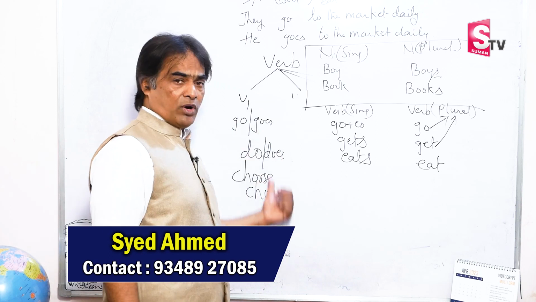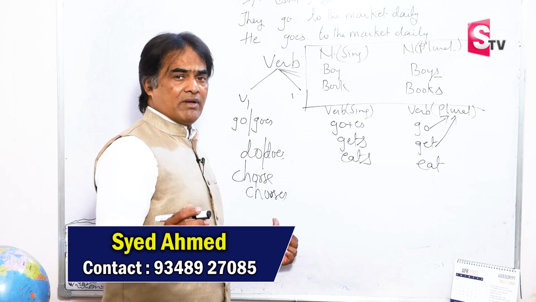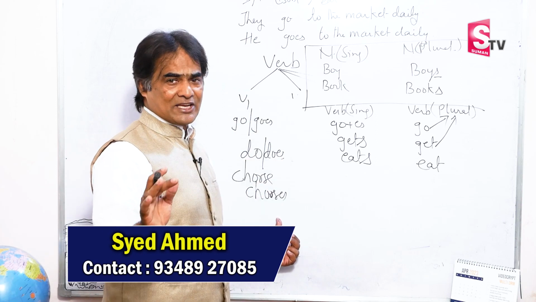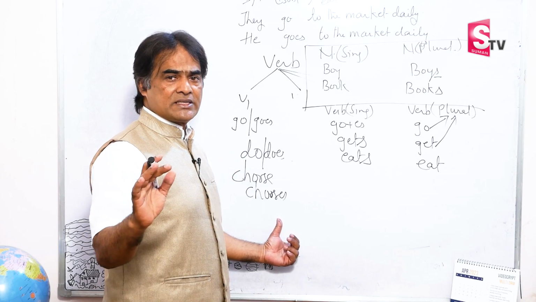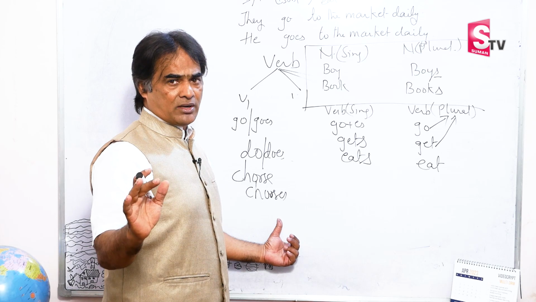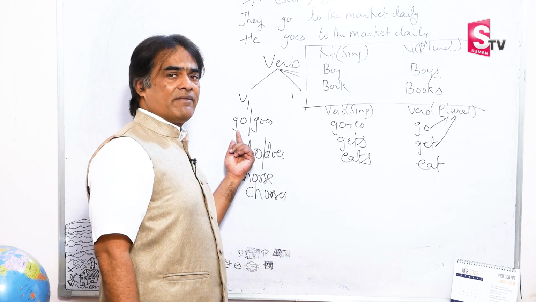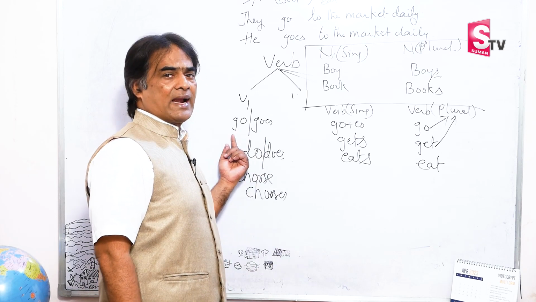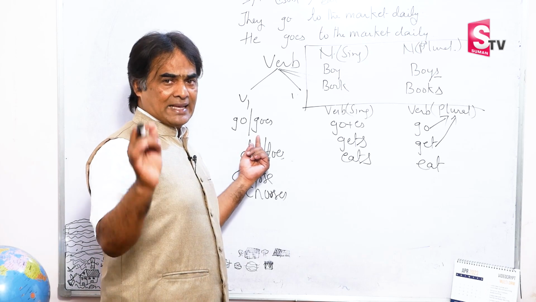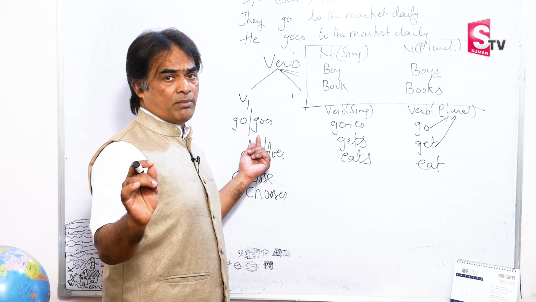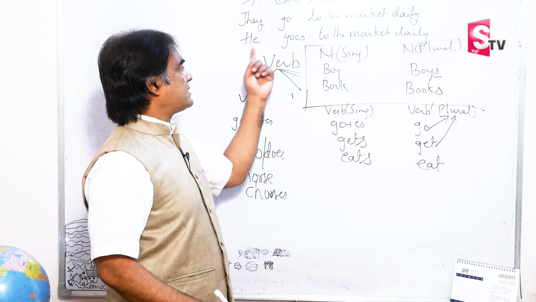Whenever you use a V1 verb, V1 verb, as you all know, is used for regular actions, which can happen daily, which can happen on a weekly basis, which can happen on a monthly basis, or so on. There are instances where we add s, there are instances where we don't add s. To understand this, verb with s is a singular verb to be used for a singular subject.